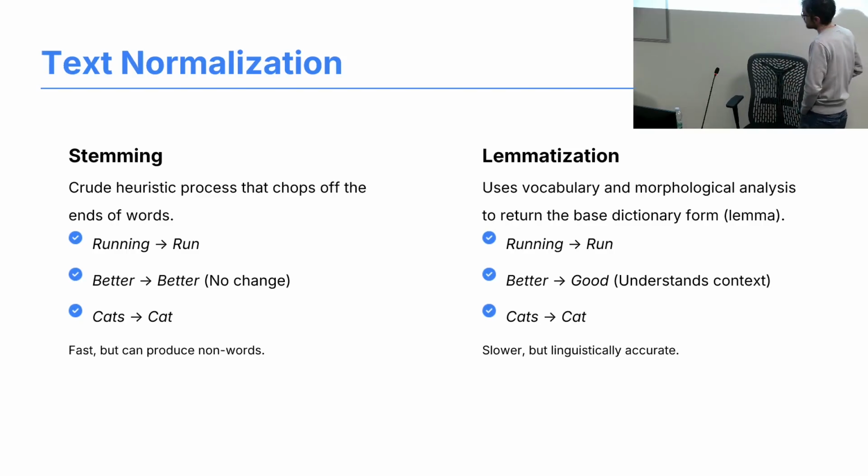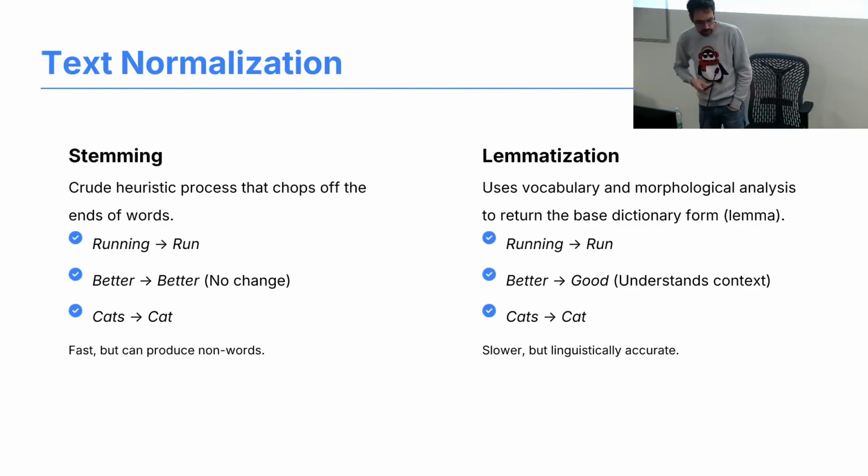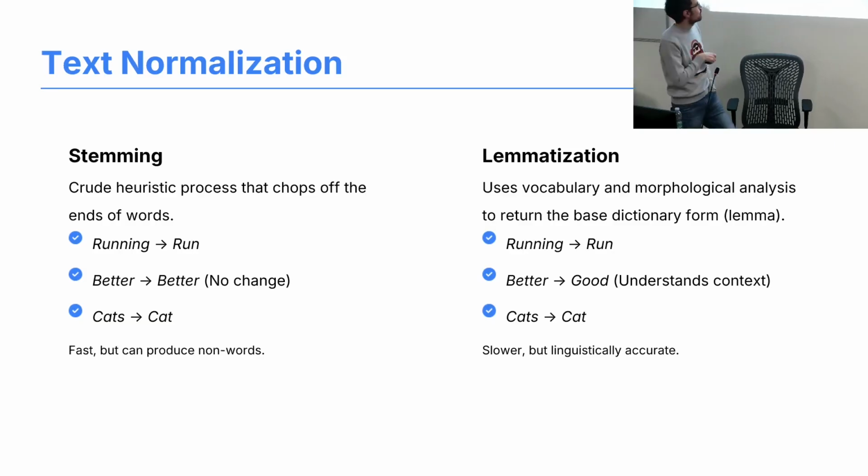Another technique is lemmatization that uses the whole vocabulary and some grammar rules, so morphological analysis, to return some basic vocabulary. So for instance, with both stemming and lemmatization, running will be reduced to run. But for instance, better in stemming will not be reduced to anything.